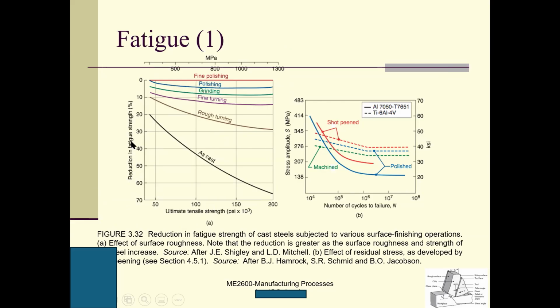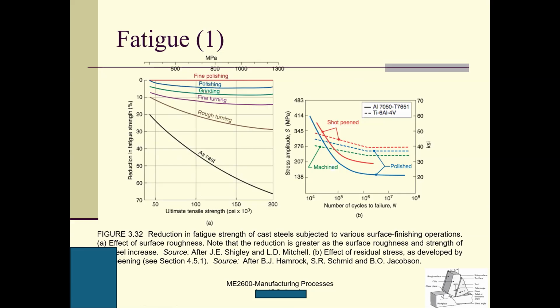This is a reduction in fatigue strength, and this is the ultimate tensile strength. This is for different manufacturing processes, right? As-cast, the surface is very rough. Fine polish, the surface is very smooth, just like a mirror.